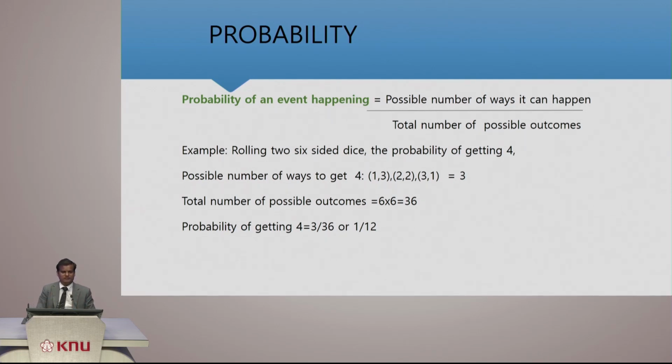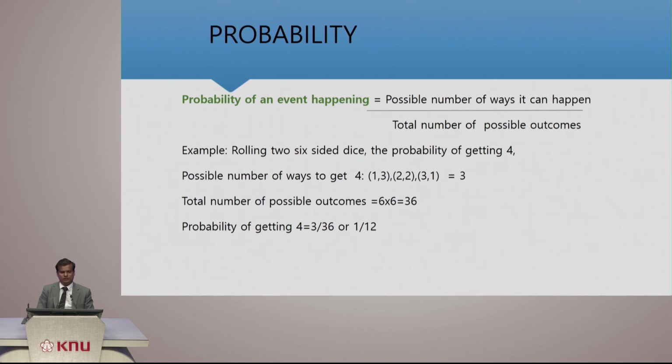Just like rolling 6-sided dice, what is the probability of getting 4? You can have 1 and 3, 2 and 2, or 3 and 1. So there are 3 ways in which you can get 4.